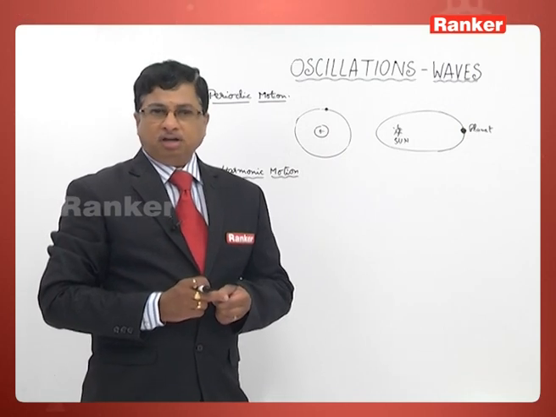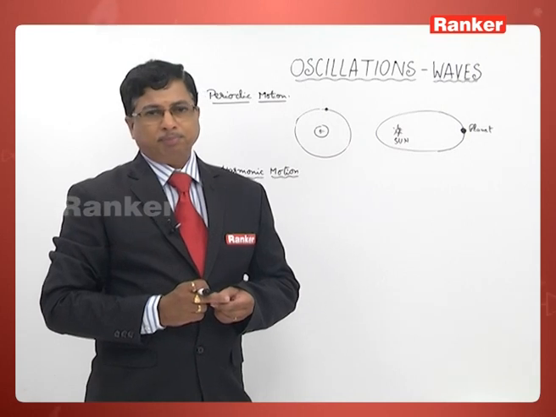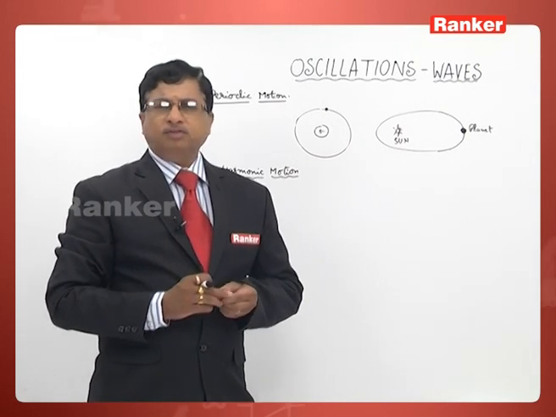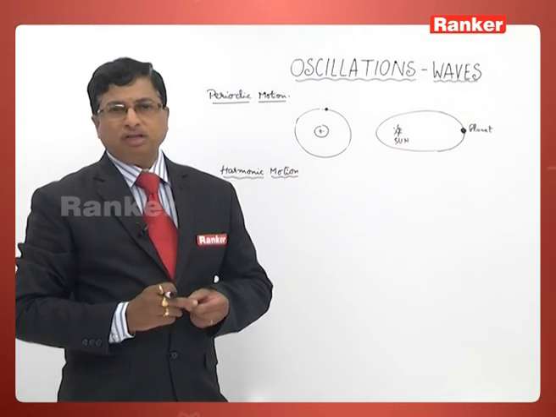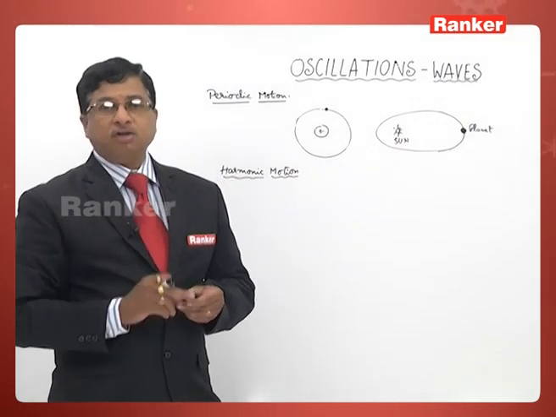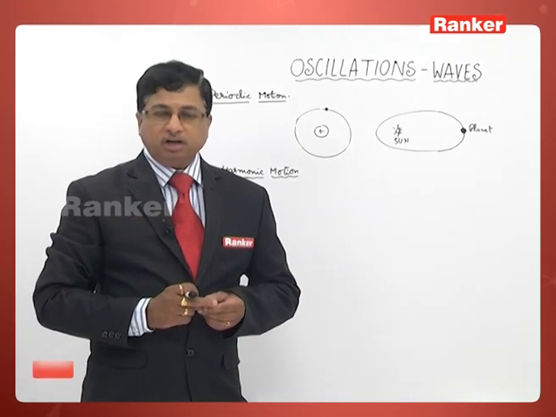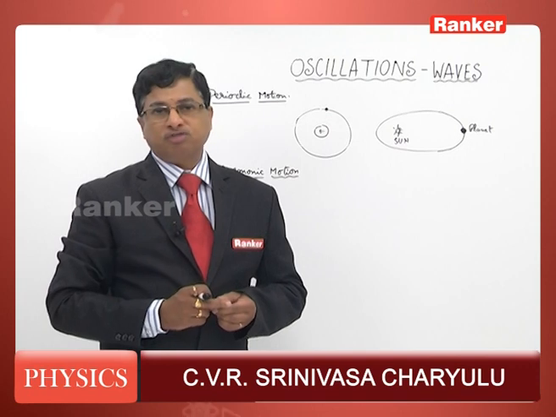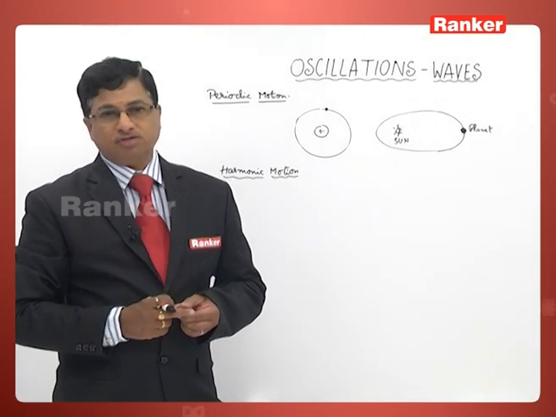For example, when we consider the oscillation of a pendulum, that of course we can say it is harmonic oscillation. What is the reason? That oscillation of the pendulum, one can either represent in terms of a sine functional wave equation or in terms of cos functional wave equation.